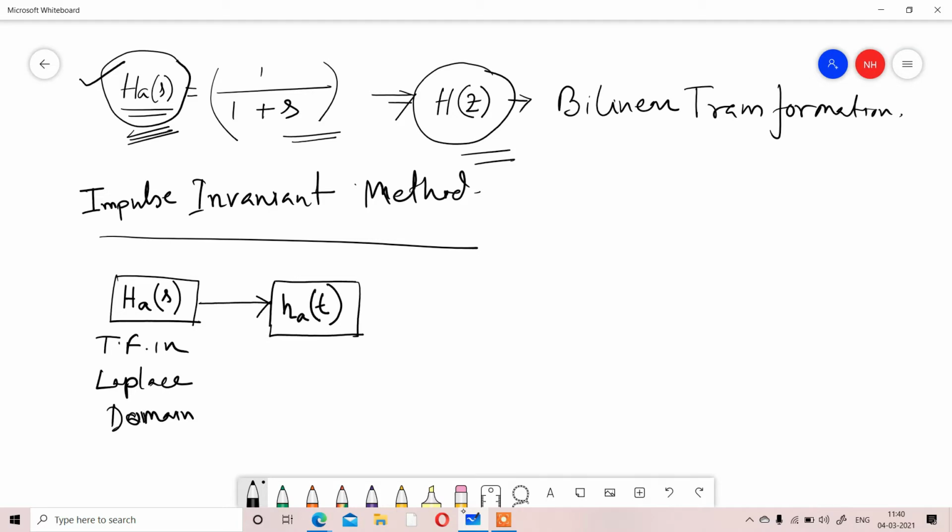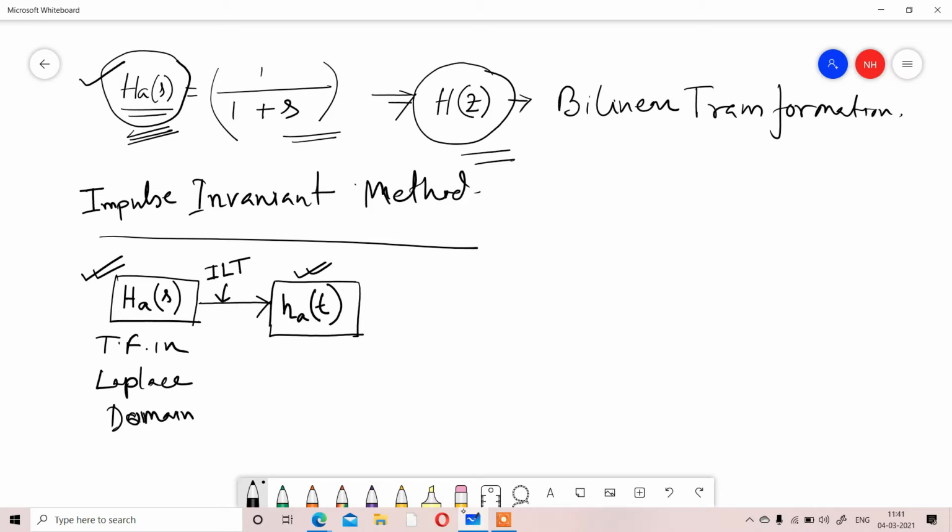To do that, you have to apply the inverse Laplace transform. That will be your first step. Whatever transfer function is given in the Laplace domain, first you apply the inverse Laplace transform to get the small h_a(t).